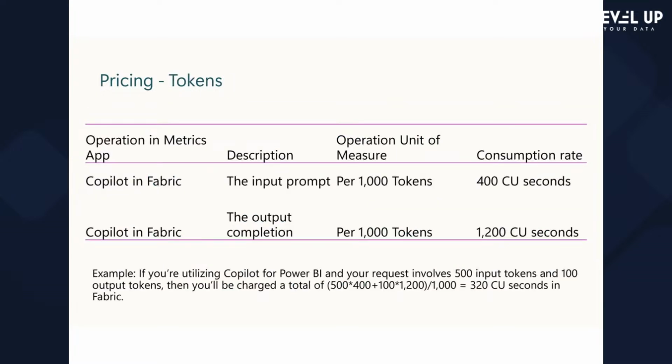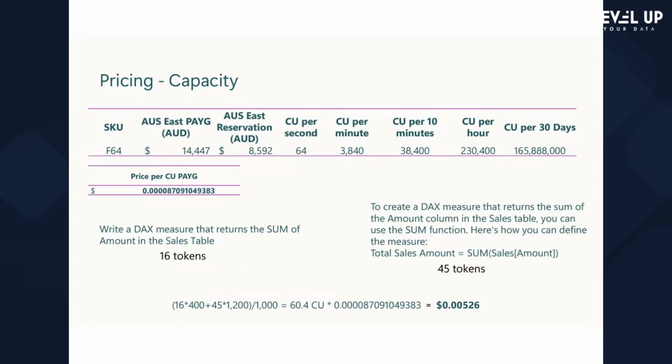And now, based on the information that we had before, that the prompt is going to be 400 capacity units a second, and the results are going to be 3 times that, 1200 capacity units a second, then you can come up with the calculation, so you can show how much that prompt is going to cost the organization.